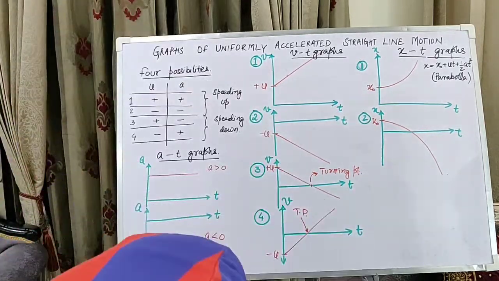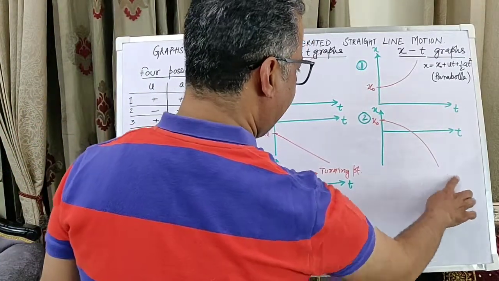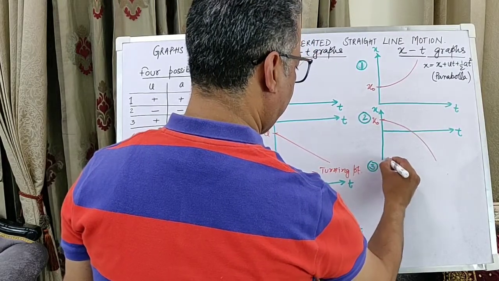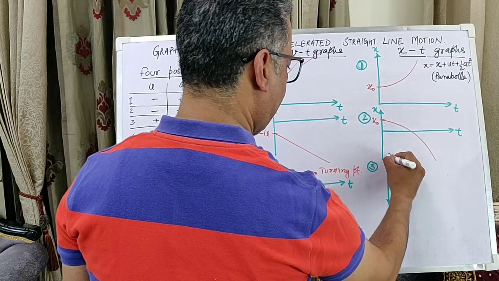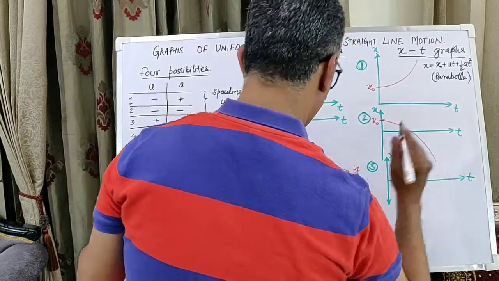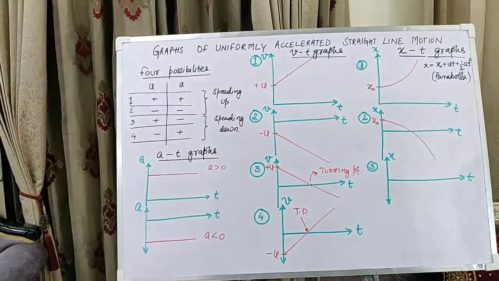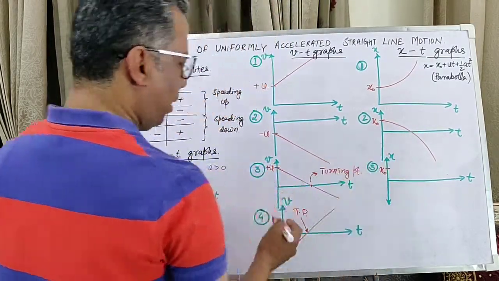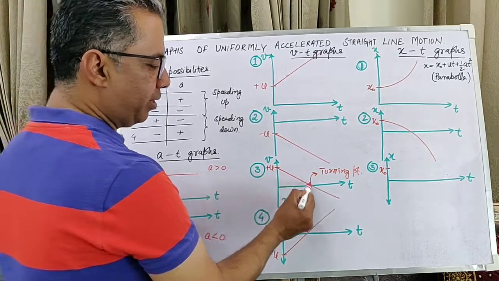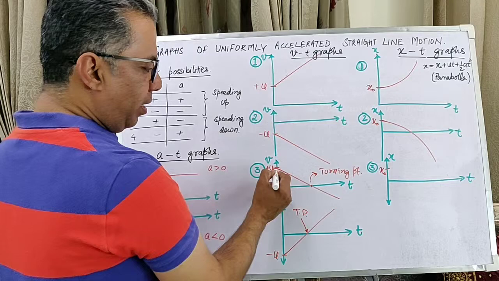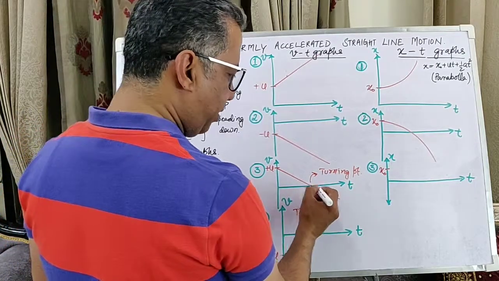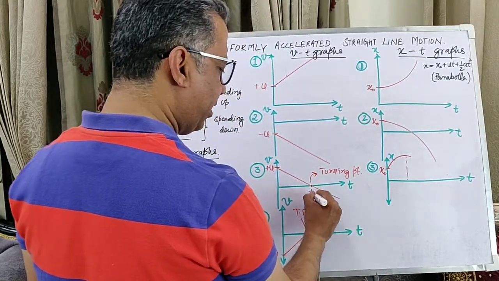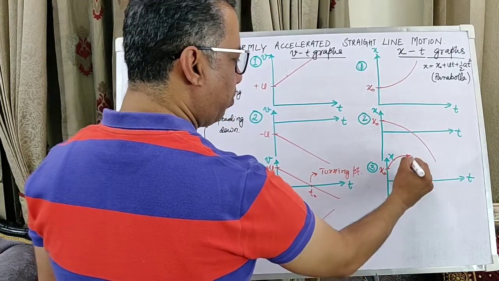The third case now, which is more interesting. Now, we are starting at x0. Initially, we have a positive velocity. So we have a positive slope initially, but the slope decreases to 0 at the turning point. So positive slope for some time, and at the turning point, at this time, let's say t0, the slope decreases to 0.